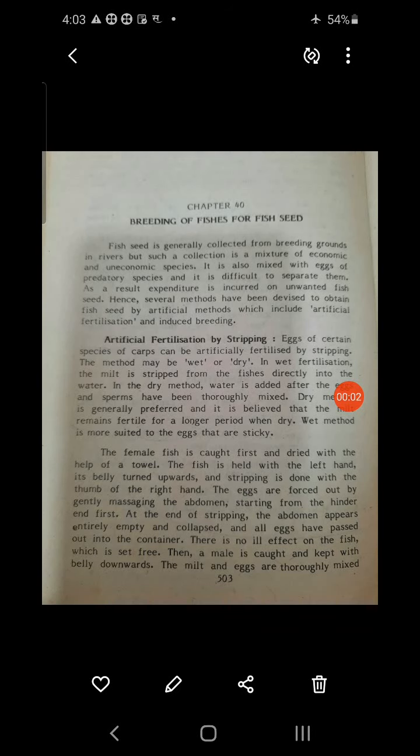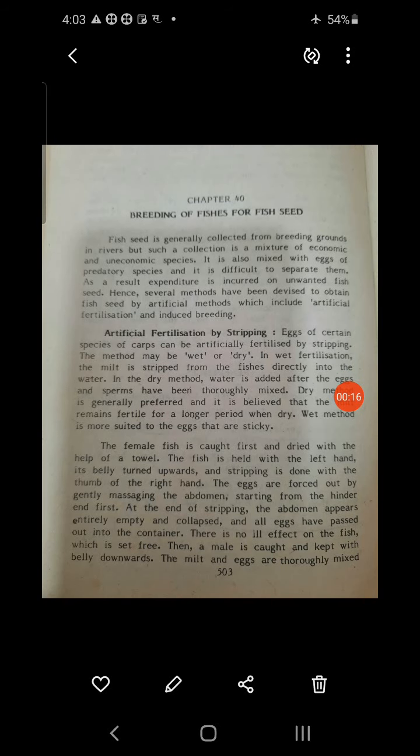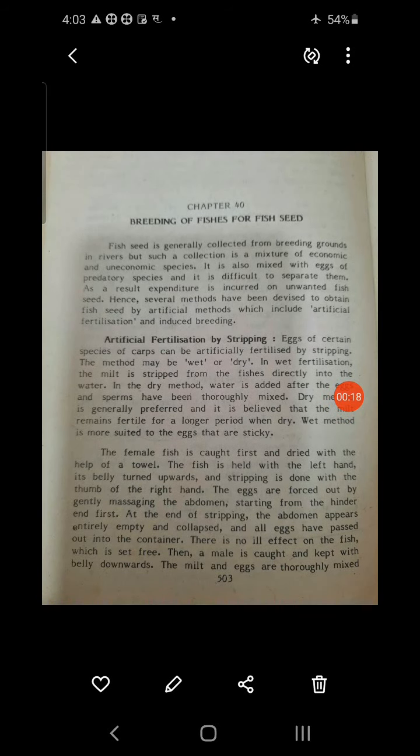Dear students, now the next chapter we see here is the breeding of fishes for fish seed. Now fish seed is generally collected from the breeding grounds in rivers, but such a collection is a mixture of economic and uneconomic species.